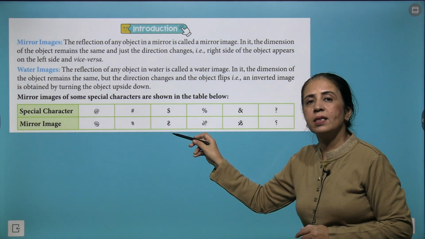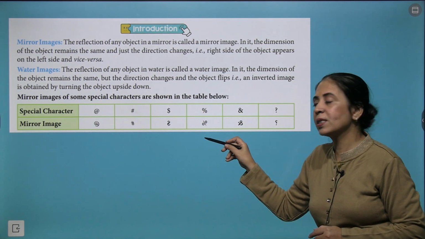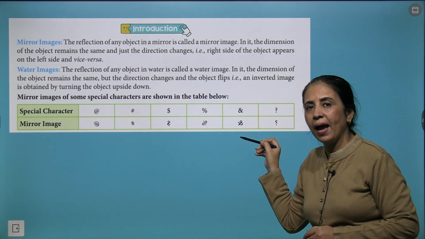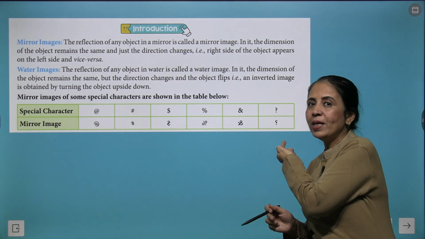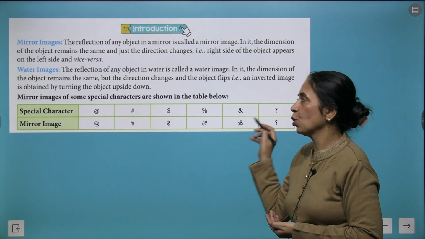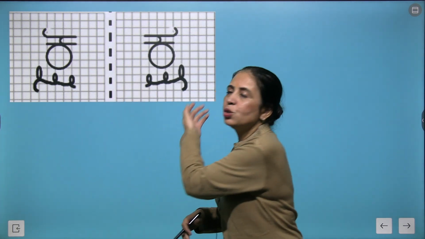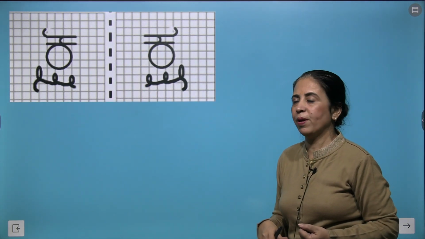This is a dollar sign. Its mirror image comes like this. Percentage looks like this, and, and like this, and question mark appear like this when you see the mirror image of it.